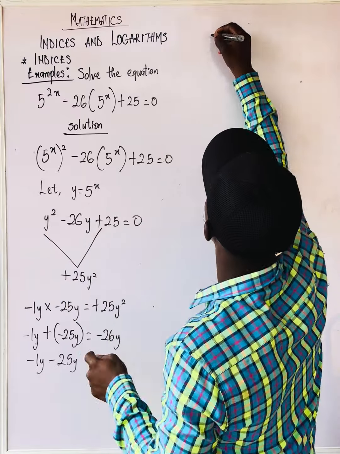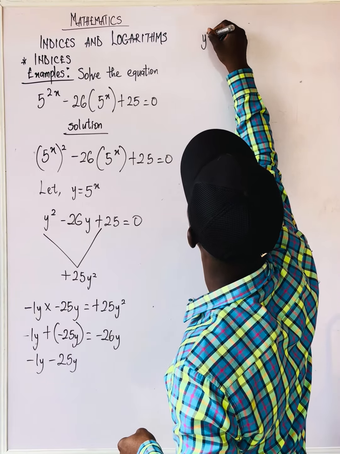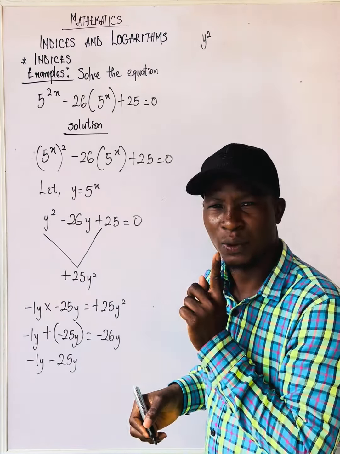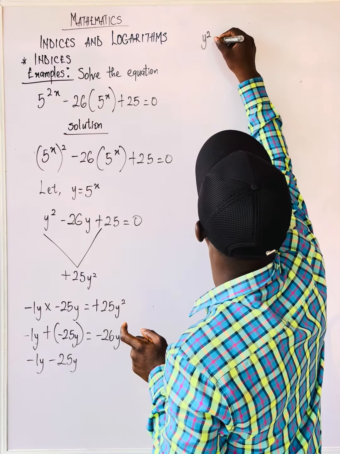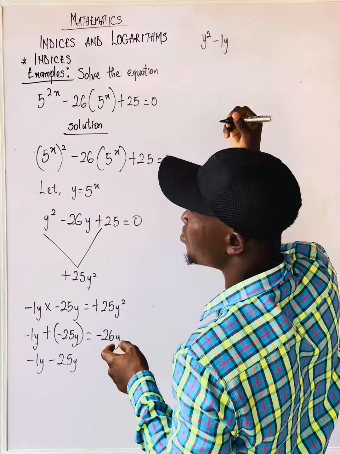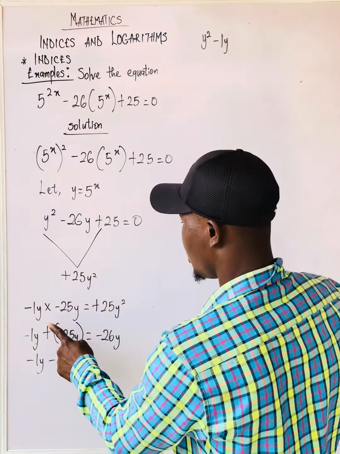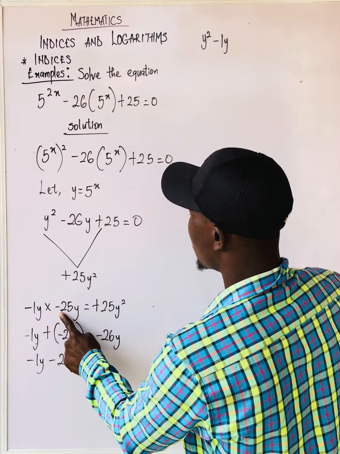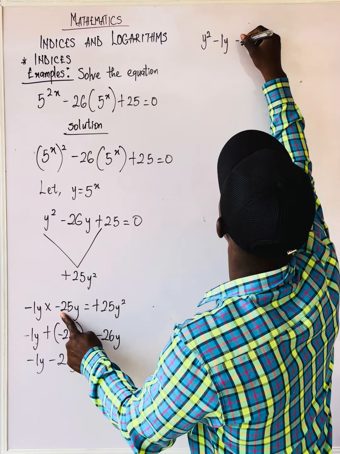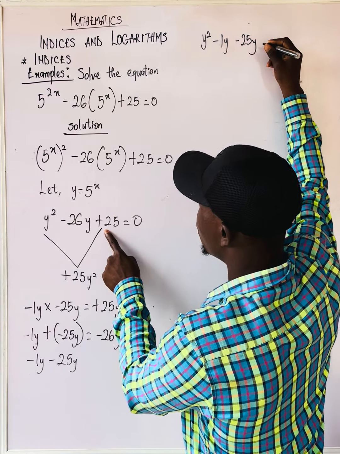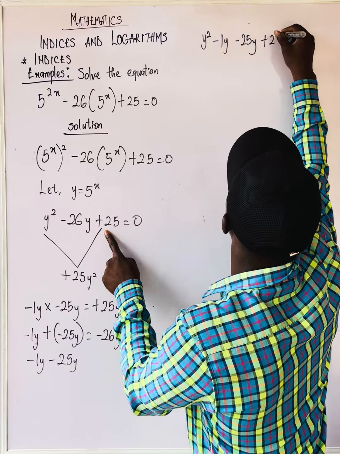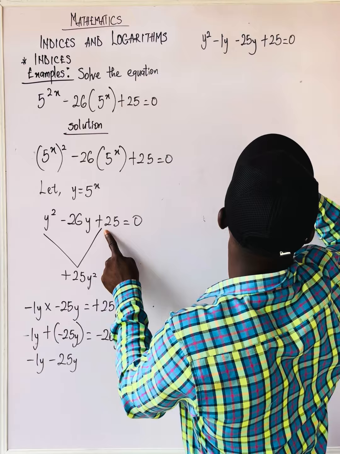What is the first thing in the equation? Y squared. Then the first number we used, minus 1y. Then the second number we used, minus 25y. Then the last number in the equation, plus 25, all equals 0.